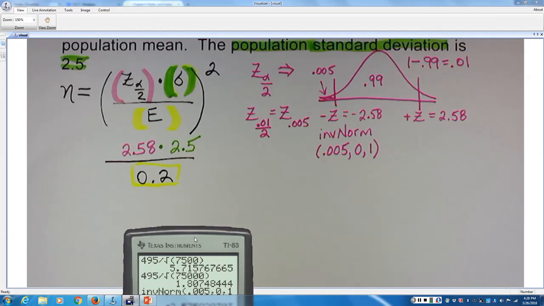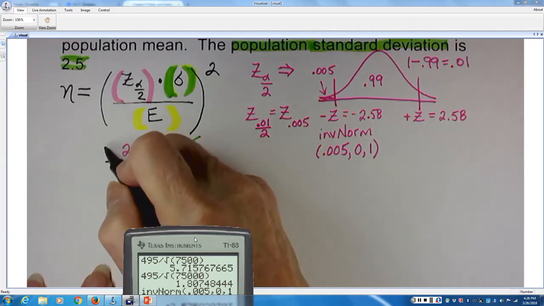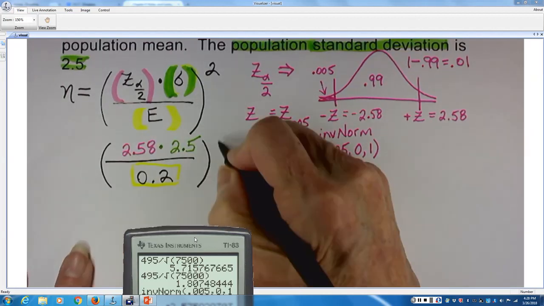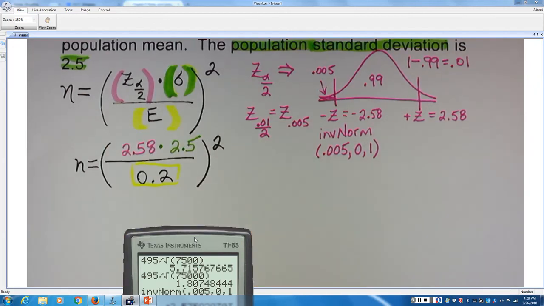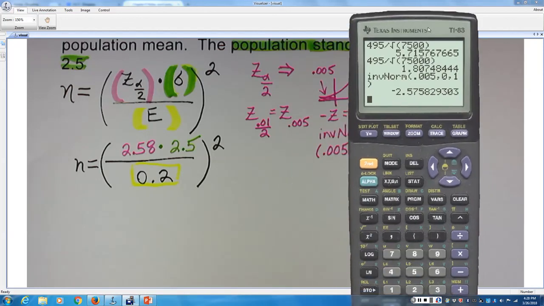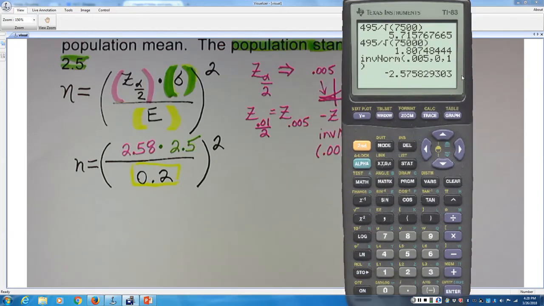So we're going to do that arithmetic, and then we're going to square the answer. Since I've already got that number in there with no round off, I'm going to take that negative 2.57 whatever. I'm going to use the negative one because, as I said, the answer's going to come out negative until the end when you square it, and then it's going to be positive, so it doesn't matter.